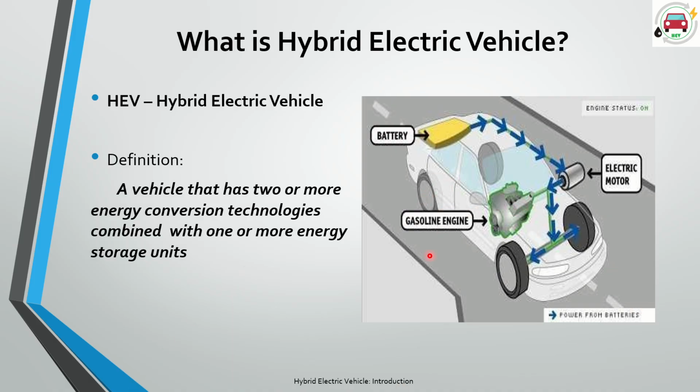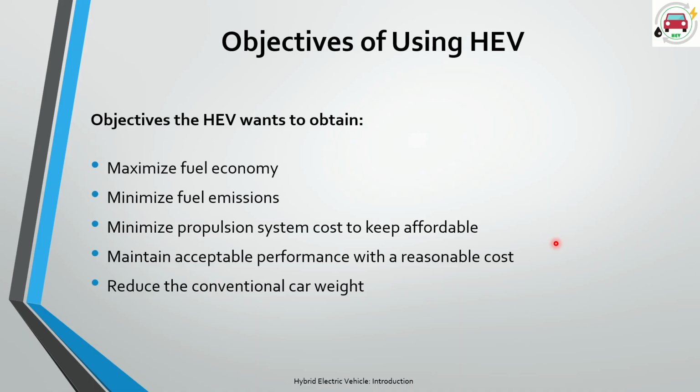So here in this picture we can see a hybrid electric vehicle. It has the gasoline engine, and this engine is generating power over here, and it is also getting power from the batteries, and combining both they run the vehicle in an efficient way. That is the thing we are going to see.